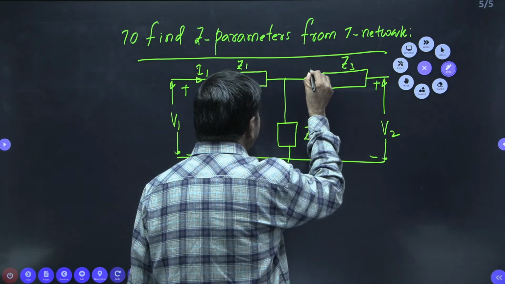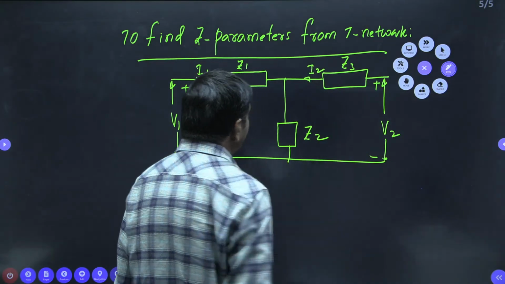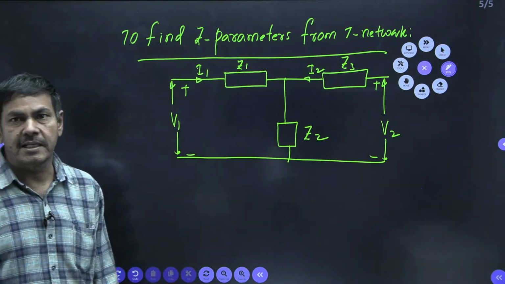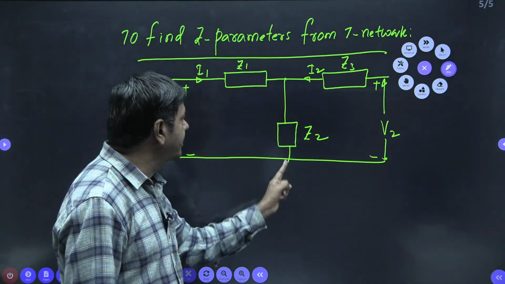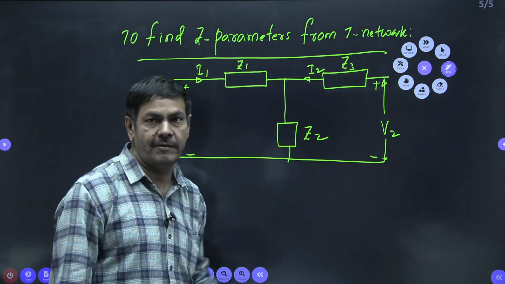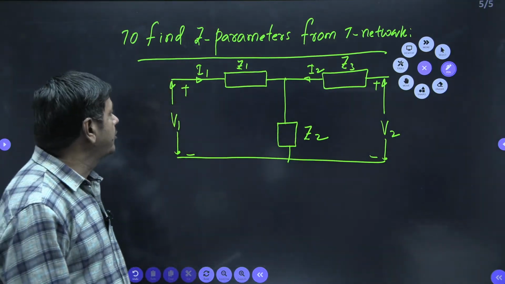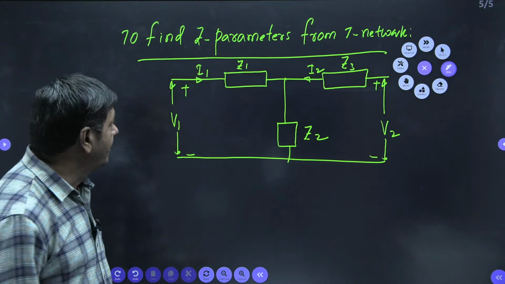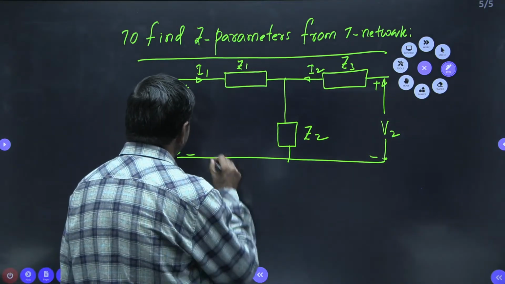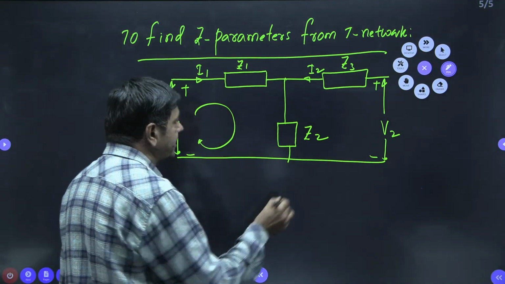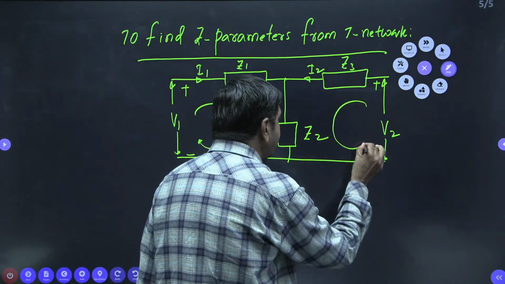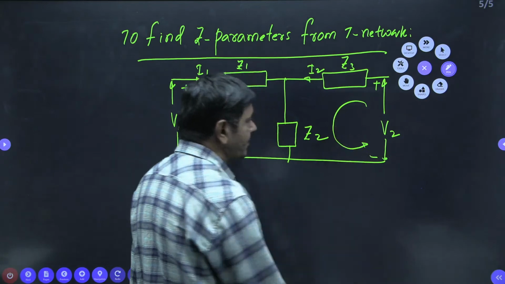You check the circuit, how is the shape? Exactly, it is in the form of a T network. From the given T network, we need to find the Z parameters. What you have to do is a very simple way. Just by applying KVL, we can get two equations.